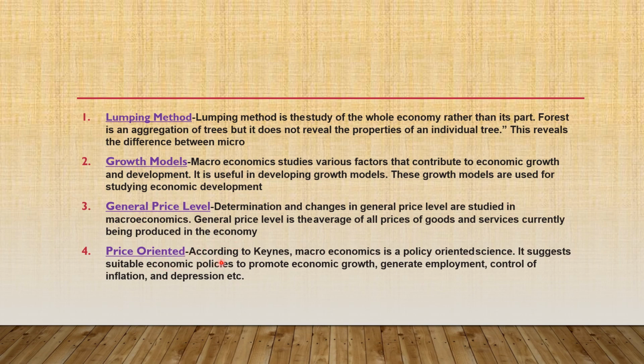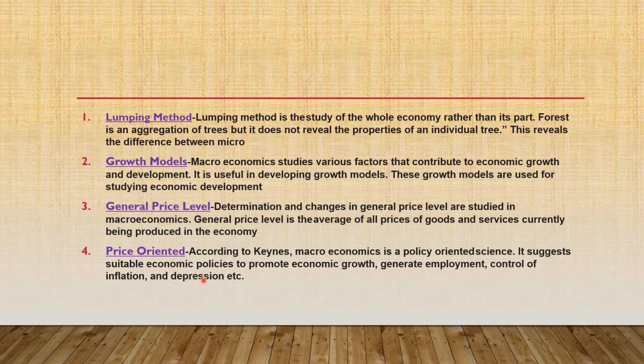Price oriented. According to Keynes, macroeconomics is a policy oriented science. It suggests suitable economic policy to promote economic growth, generate employment, and control inflation and depression. So macroeconomics is policy oriented science. It suggests suitable economic policy.